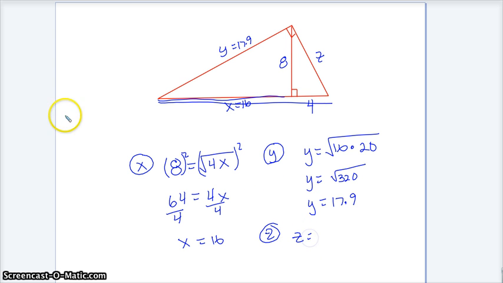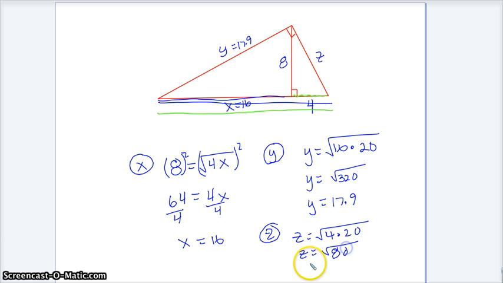Z equals the part that's attached here, that's 4, times the whole hypotenuse, which is 20. So z equals the square root of 4 times 20. Z equals the square root of 80. And now to calculate the square root of 80, we get about 8.9.